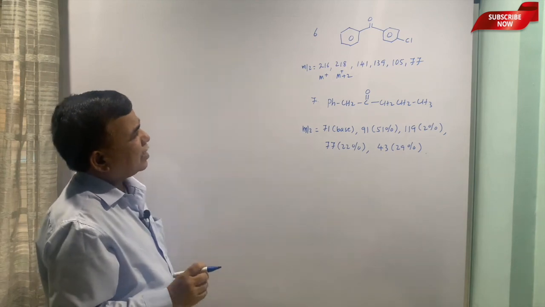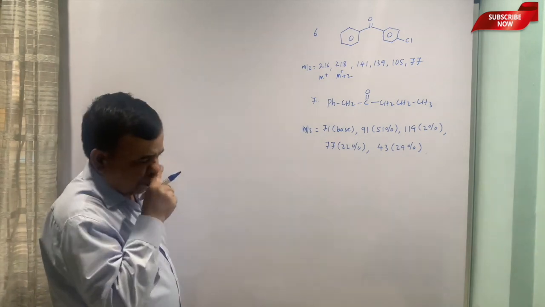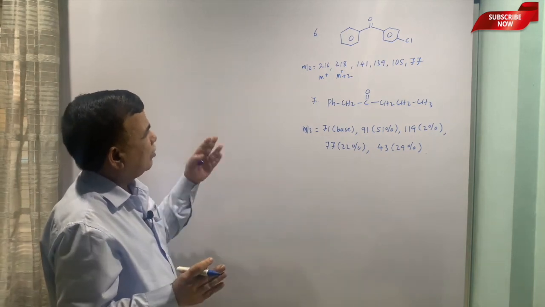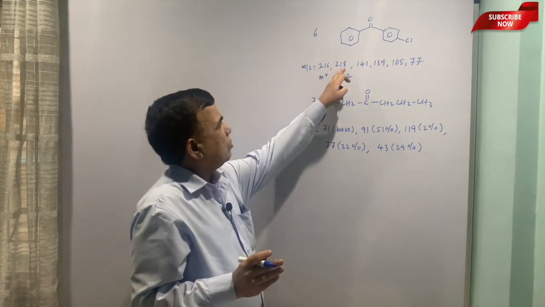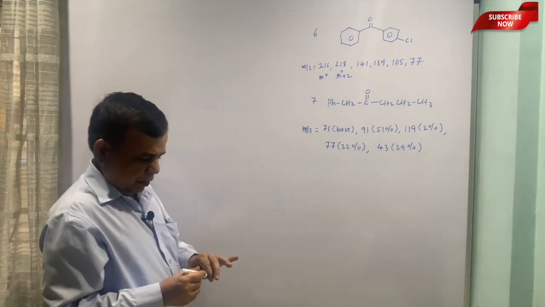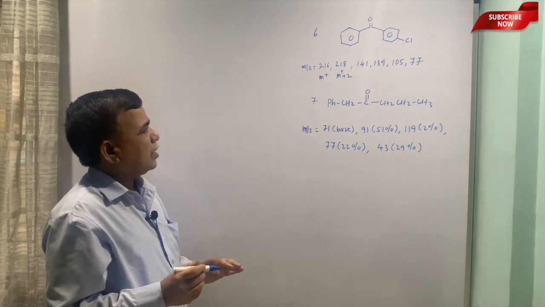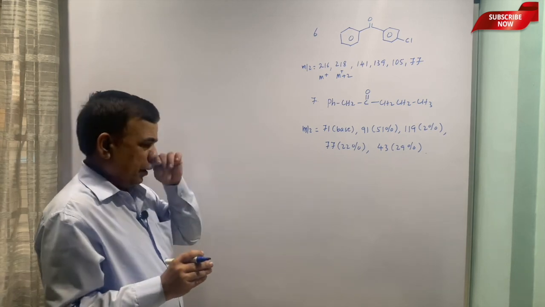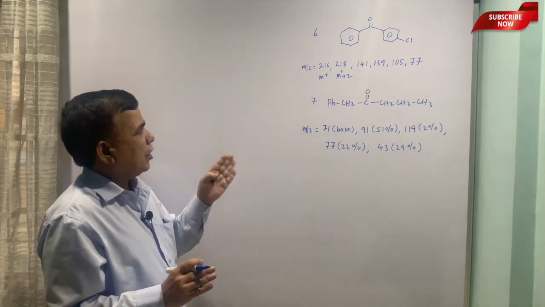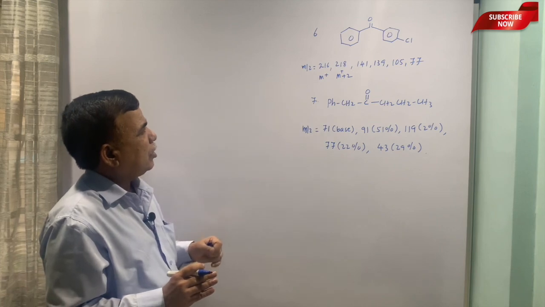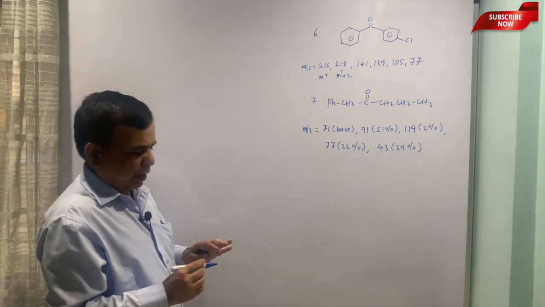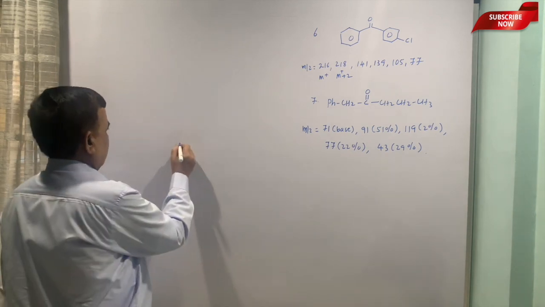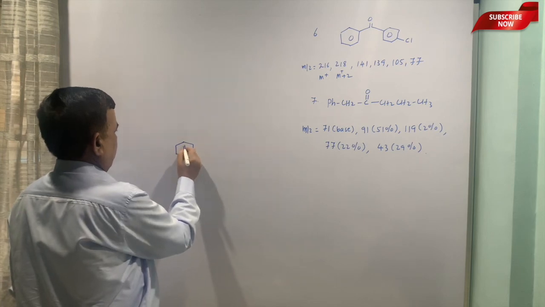Now here this ketone, the substituted benzophenone, 4-chlorobenzophenone, 216, 218, these are the molecular masses, M plus and M plus 2 respectively. 141, 139 are the fragments after the dissection of the molecule, or after the fragmentation of the molecule. 105 is PhCO plus and 77 is the phenyl cation.